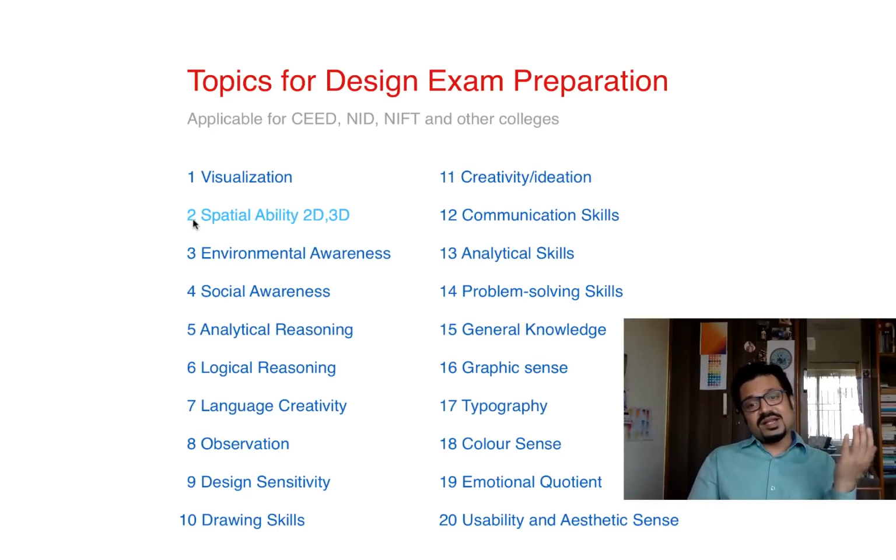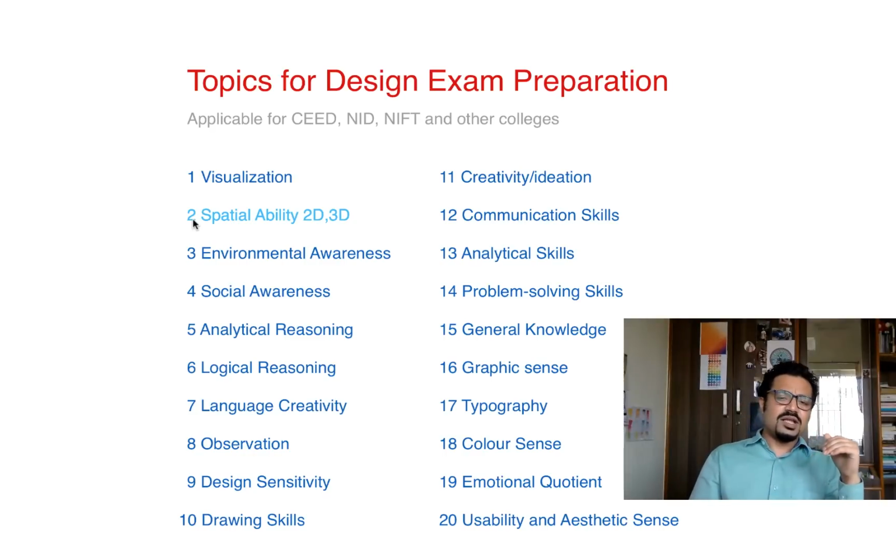Then 17th and 18th is again a type of graphical sense only. There can be particular questions about color sense. Let's say I gave you a scenario where I have just 3 colors. Now using those 3 colors, you have to create a poster about environment day, or a poster about stop smoking, or a poster about digital currency or anything like that.